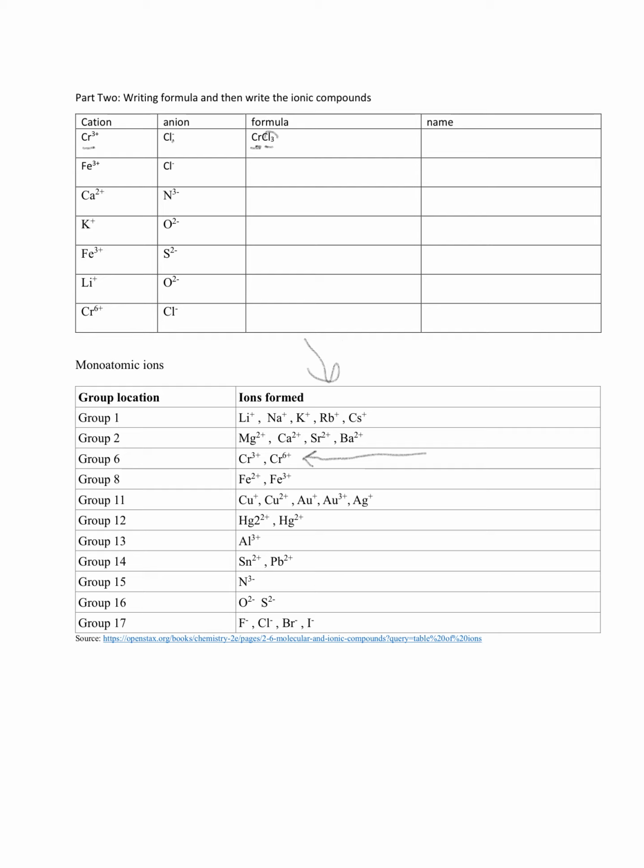So in this case, it's the chromium 3. So I'm going to write down chromium, and then in parentheses, I'm going to put down 3 in Roman numerals, close the parentheses, and then write down the anion, which is going to be my chloride.